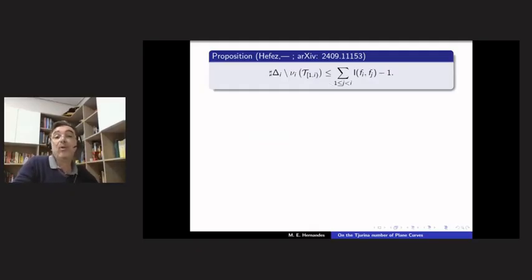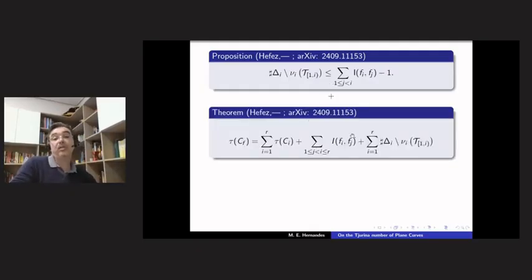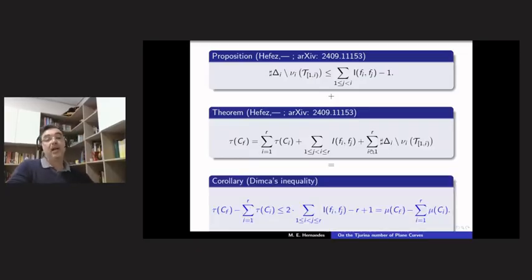So, as we said before, this proposition plus this theorem give us an answer to Dimca's question. So we have this inequality: the Tjurina number minus the sum of the Tjurina numbers of each branch is less than or equal to this difference. Of course, when the curve C_F is quasi-homogeneous, we have the equality, but I don't know if it's the only case where we have this equality here. I don't know.